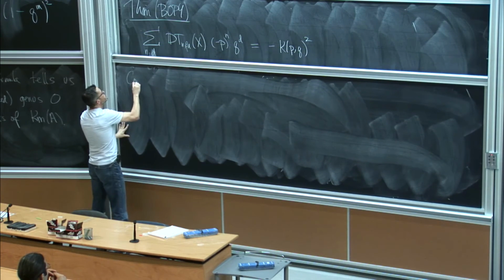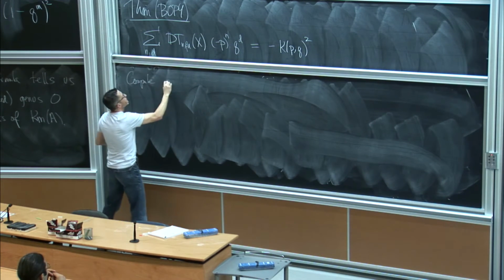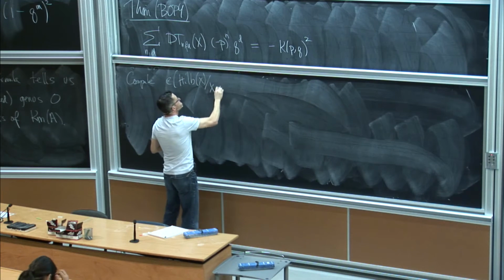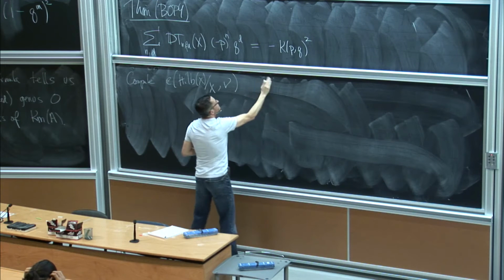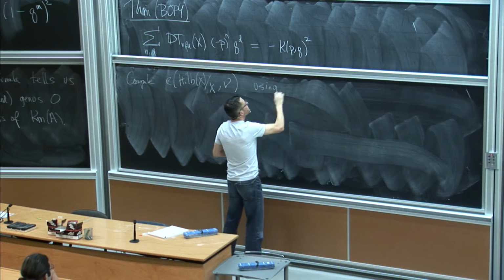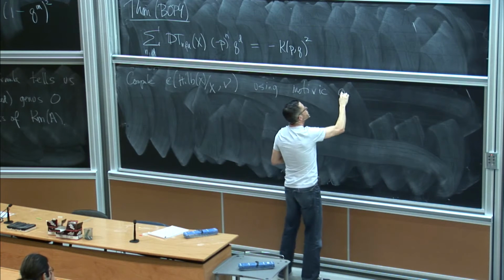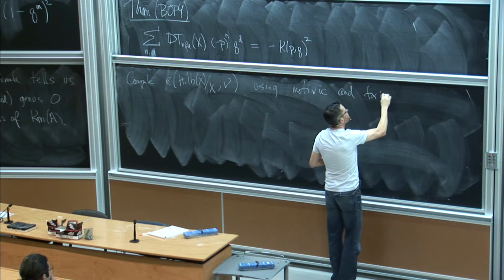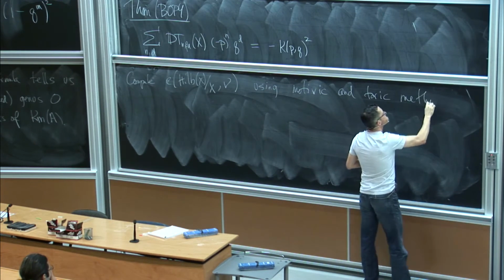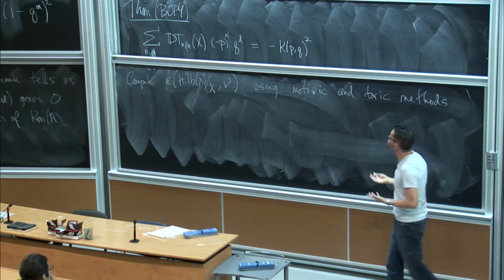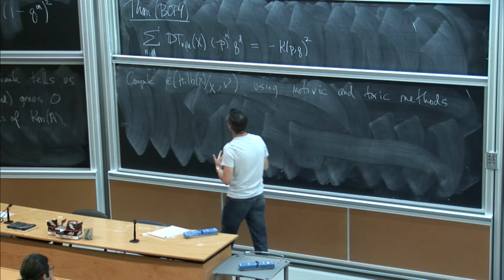We want to compute the Euler characteristic using motivic and toric methods. Motivic meaning that I can stratify this space and compute strata by strata.